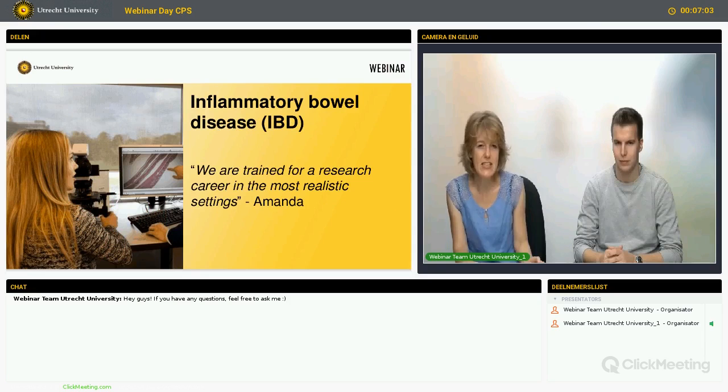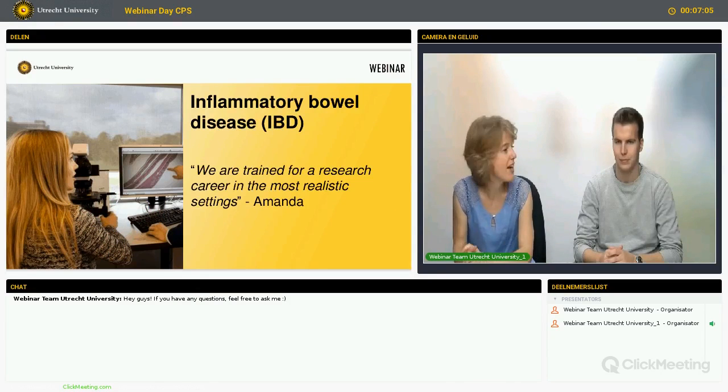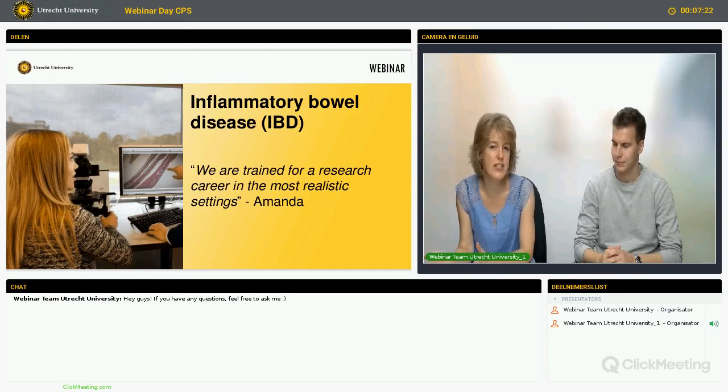Here you see Amanda, and she did a project in a course on advanced immunology. In the laboratory she joined for this course, they have an animal model for inflammatory bowel disease, for colitis to be specific. At various stages of the disease, she isolated the bowels, made nice slices, and colored those slices to be able to visualize the specific cells.